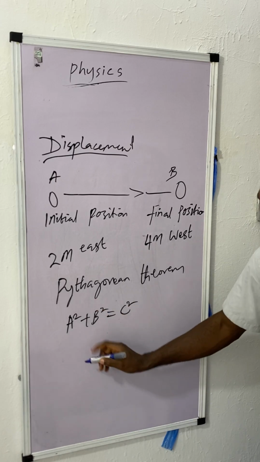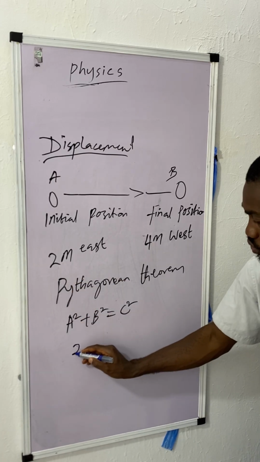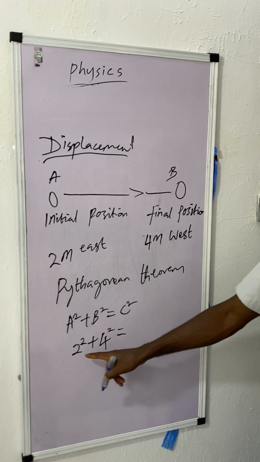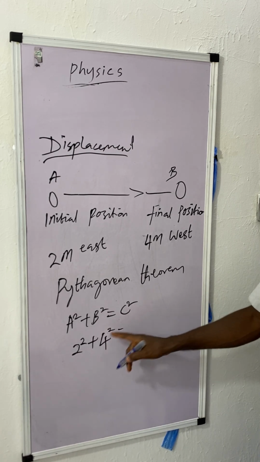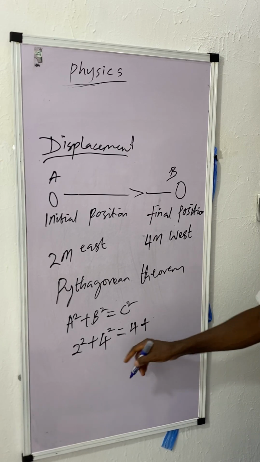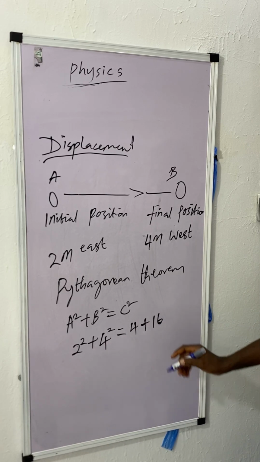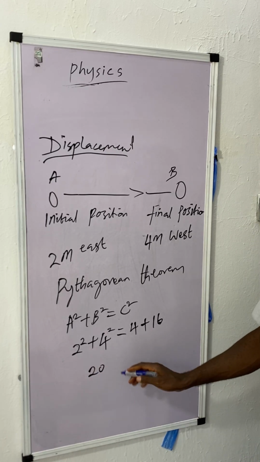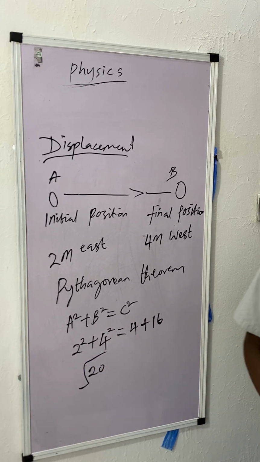Okay, so you substitute: a squared will be 2 raised to power 2 plus 4 to the power of 2, which is equal to 4 plus 16, which gives 20. Remember, how do we finalize the answer? Square root of 20. We get the answer. That's the displacement.